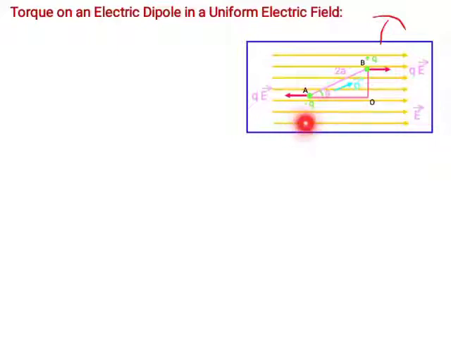For the negative charge, the force is opposite to the electric field. Due to the positive charge, the direction of the force is along the electric field.